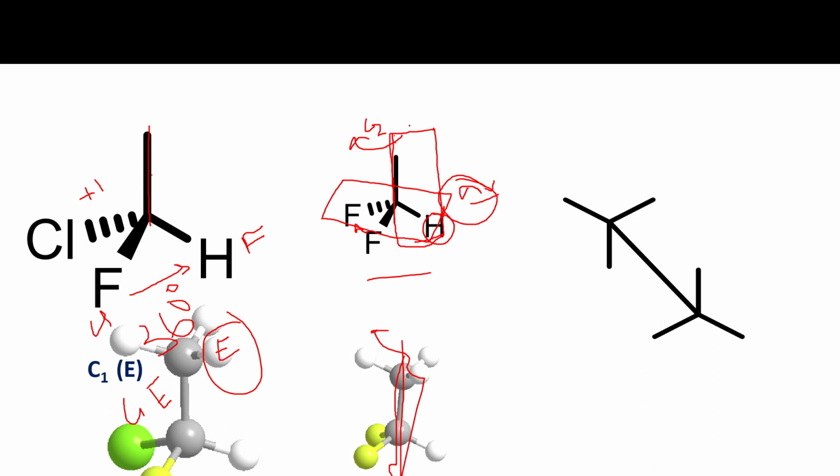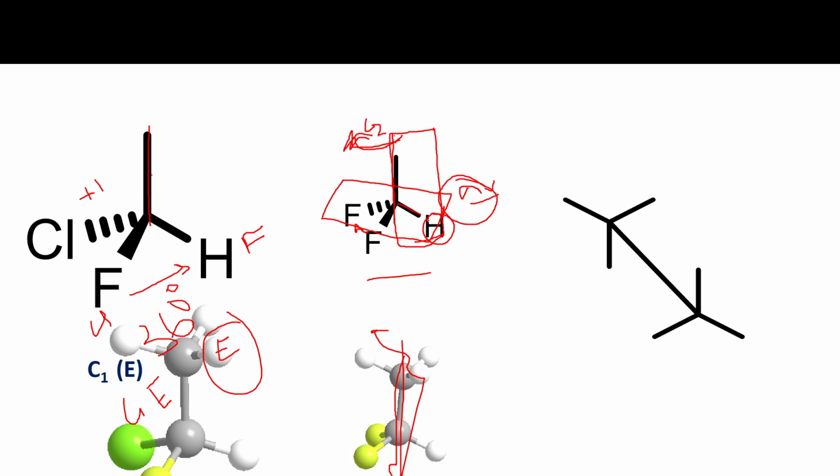Oh, sorry, not. So there will be no C2, nothing is present. Sorry. So if you rotate 180-degree, then what will happen? A 120-degree rotation will replace this hydrogen by this fluorine.